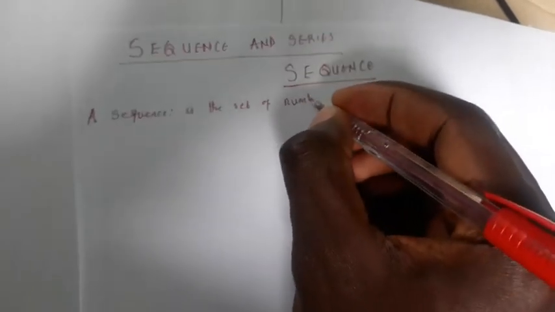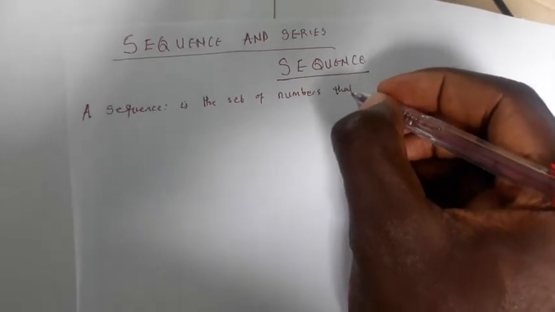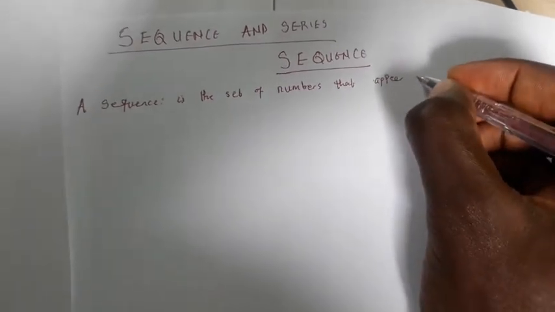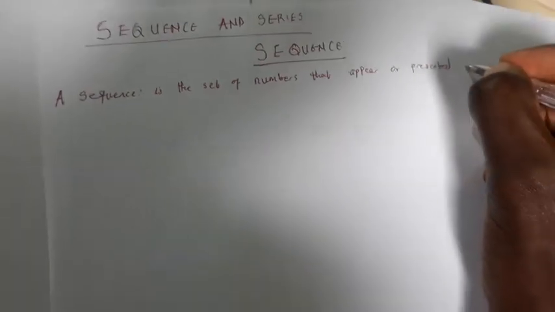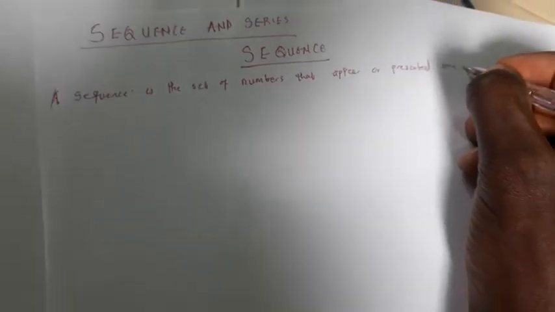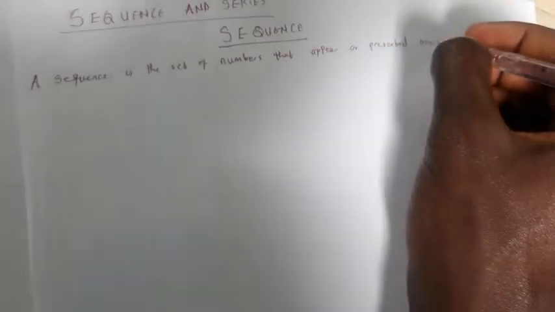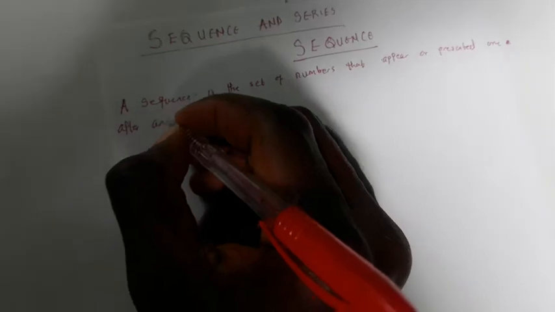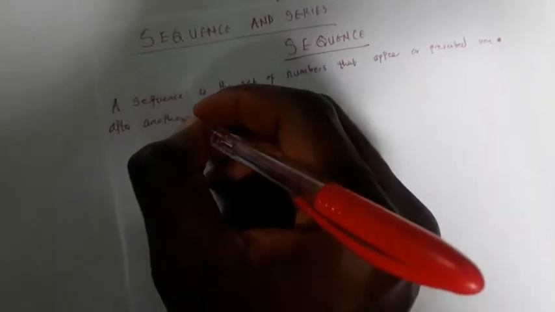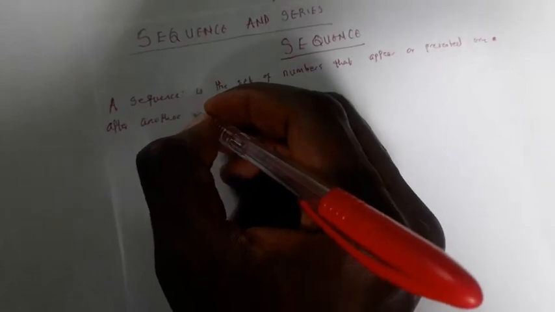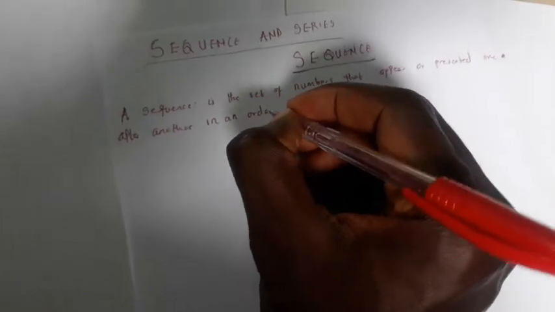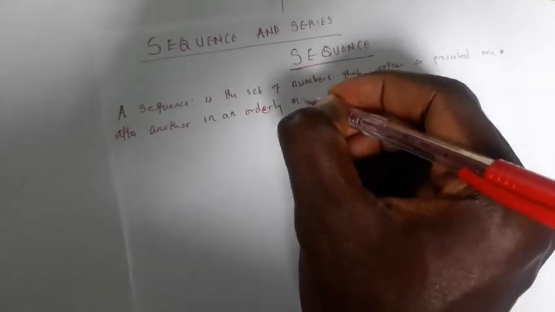A sequence is a set of numbers that appears or is presented one after another in an orderly manner.